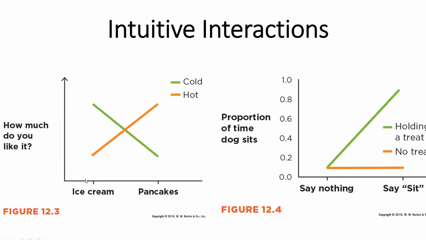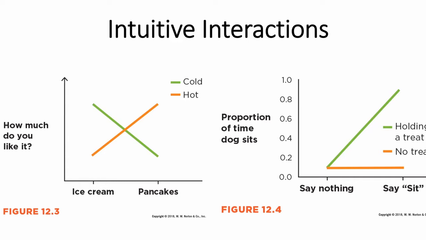So under the heading of intuitive interactions in the textbook, the author walks through a couple of examples of interactions to help clarify what's going on with some of the terminology here. The first of these interactions is asking, how much do you like hot food?